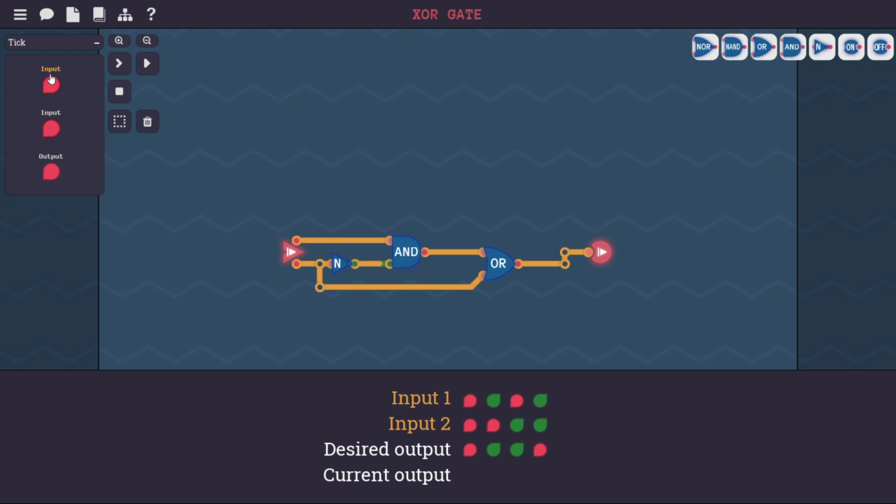Both of them are off. Our output is off. Okay. The first one, only the first one is on. Our output should be on. Our output is on because we don't really affect anything, and an OR gate doesn't really affect. If one signal is okay, then the whole thing is okay.